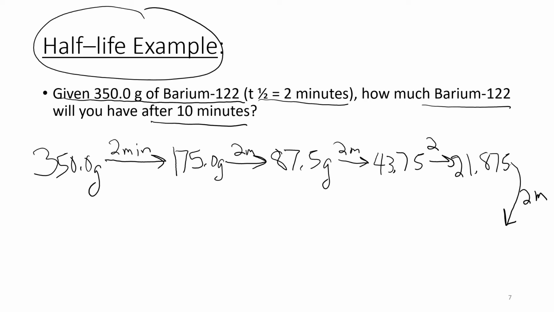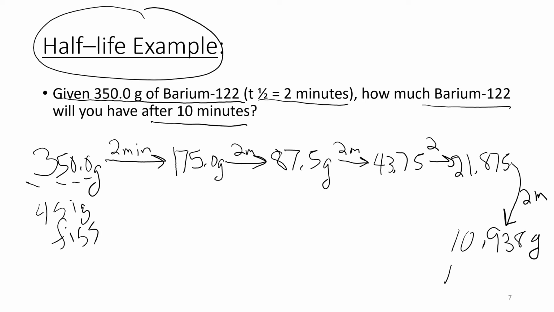Another 2 minutes go by. Because we've done 8, we need one last one to get 10 minutes. Half of 21.875, we get 10.938 grams. And we originally started with 350.0, which is 4 sig figs. So our final answer should also have 4 sig figs.